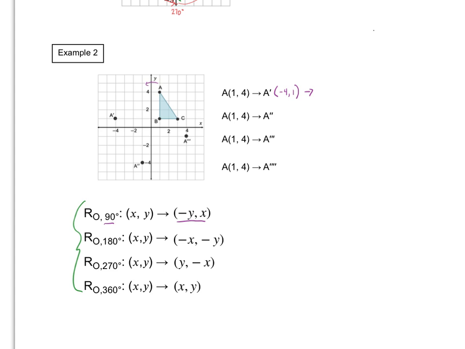Mapping about the origin, A is 1, 4, and that maps to A prime, which is going to be opposite y, so my y was 4, so it's going to be negative 4, and then my old x value is going to be my new y value, which was 1. So there you go, that would be A prime.